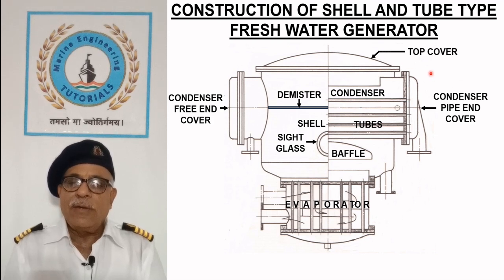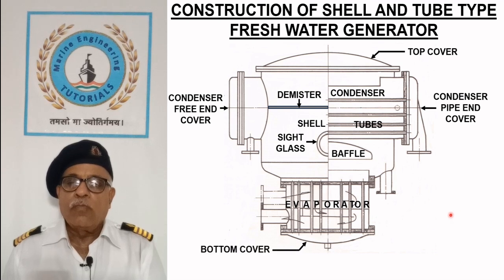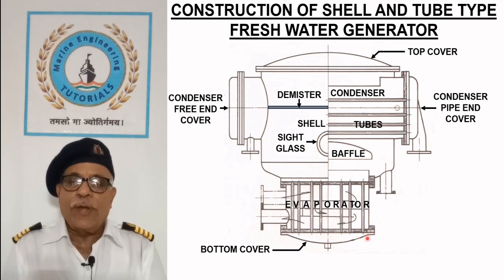A rubber-lined steel cover seals the freshwater generator shell from the top and allows its internal inspection. A dish-shaped cover internally coated with neoprene seals the evaporator from the bottom and holds seawater in the tubes.